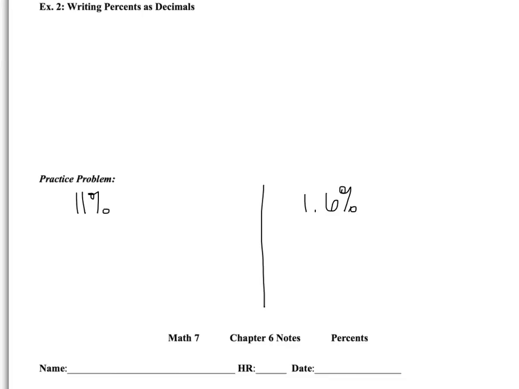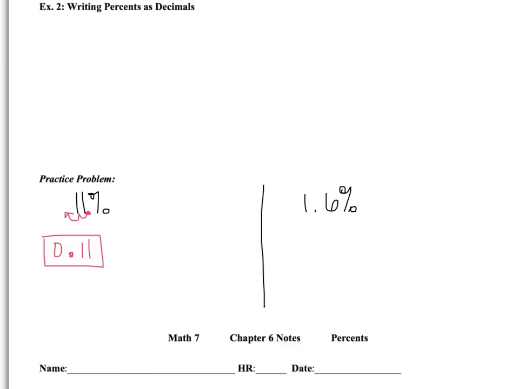Okay, 11%. I'm going to use method 2 because it's easier for me. I know that the decimal at 11% is at the end, and all I need to do is move the decimal two places to the left. So that becomes 11 hundredths. 11% is equivalent to 11 hundredths. Notice I did not keep the percent sign.